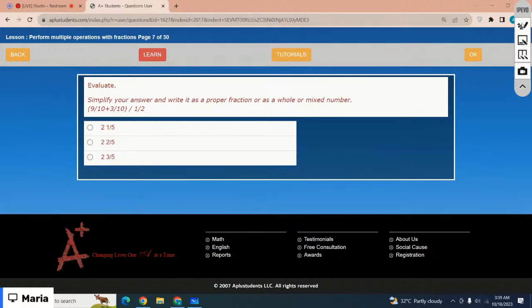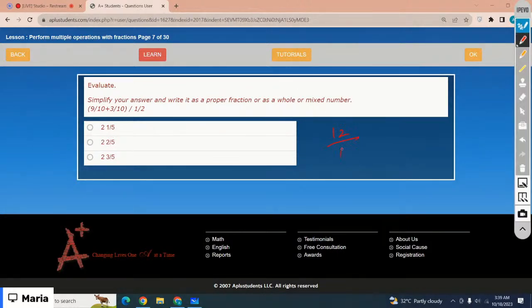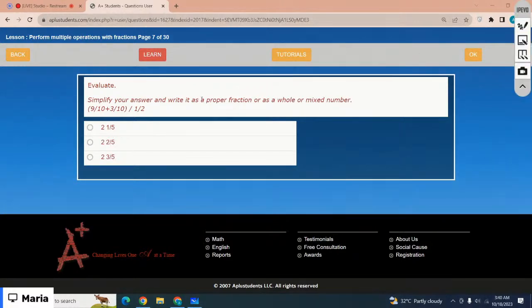And you have to divide by the 1 over 2. So just replace this sign with division. That would be 2 over 1. 2 times 1 is 2, 2 times 5, that would be 12 over 5, right? So when you divide, that will be 2 whole 2 over 5. The correct option is 2 whole 2 over 5.